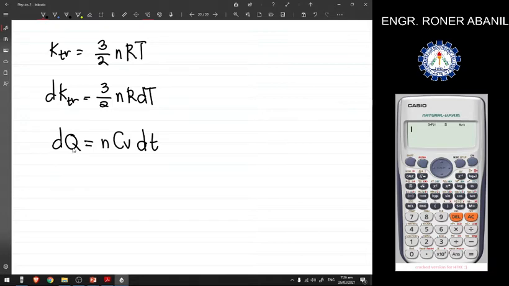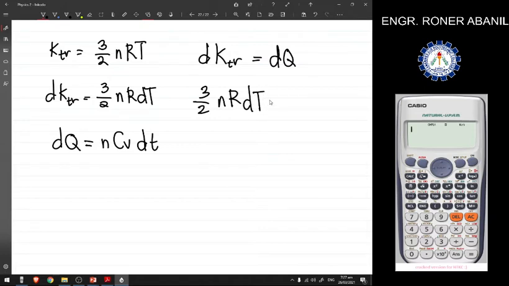So, ang mangyayari dito, i-equate natin yung dalawa. Okay, so mangyayari is, dahil nga dK_tr is equal to dQ, ang mangyayari is 3/2 nR dT is equal ngayon sa nCv dT.